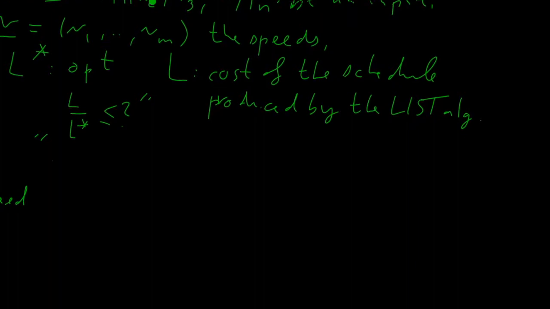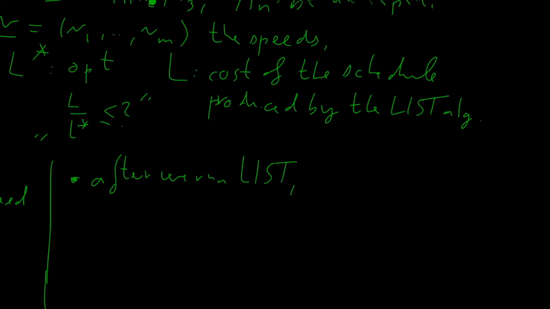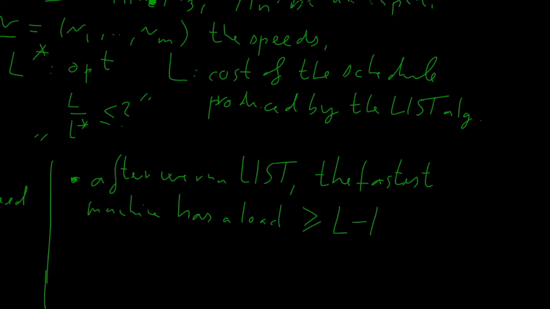Now for this we will have two lemmas. I will prove these first. So after we run the list algorithm, the fastest machine will have a load at least L minus L star.